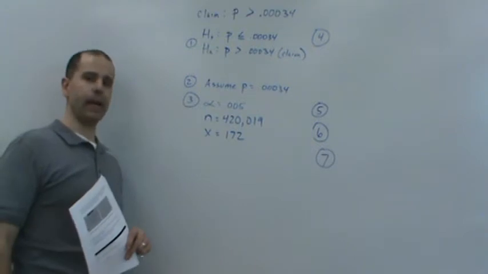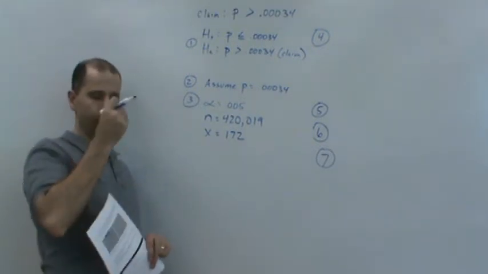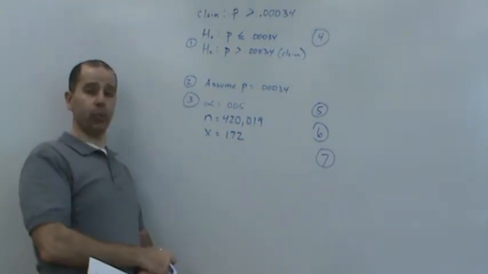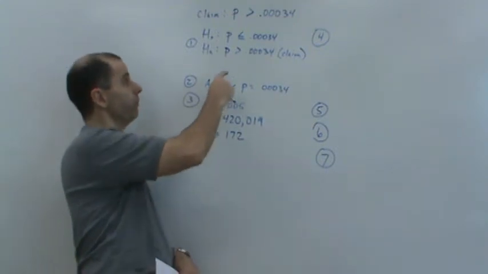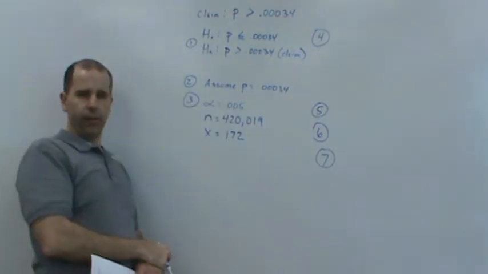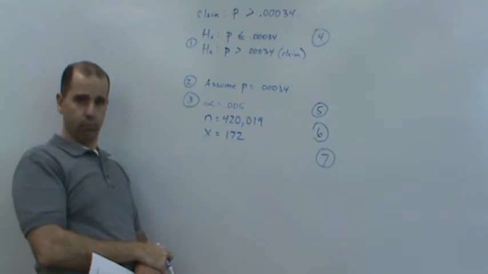So now, let's talk about that type 1 error again. What is a type 1 error? What are we going to assume in this case? We're going to assume that there's no difference.